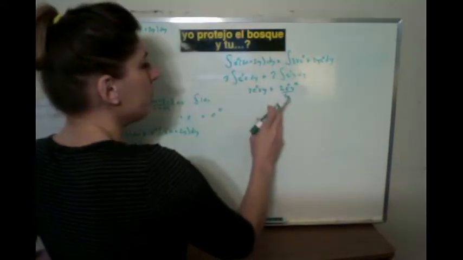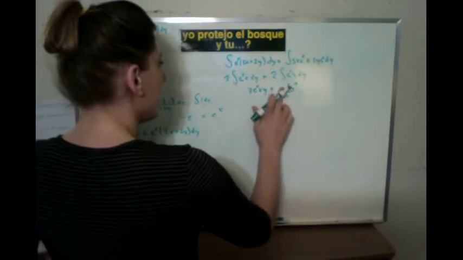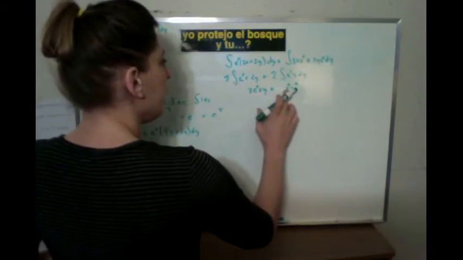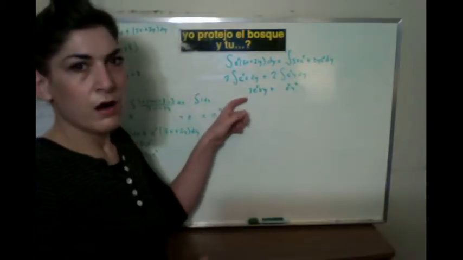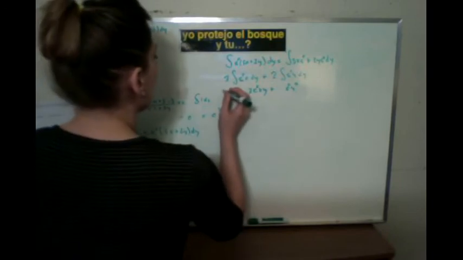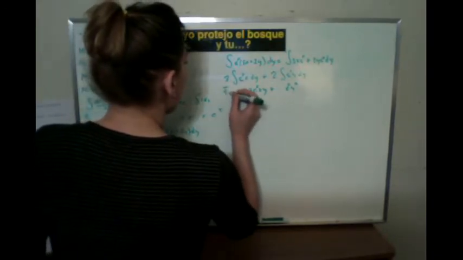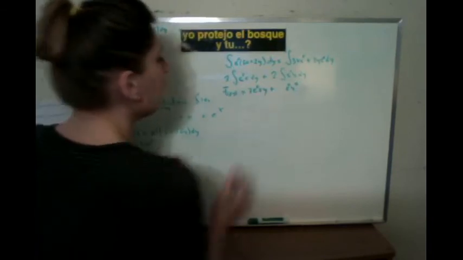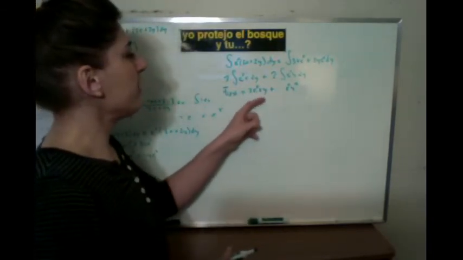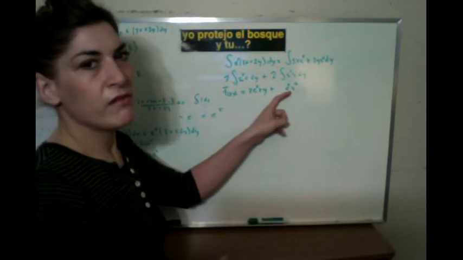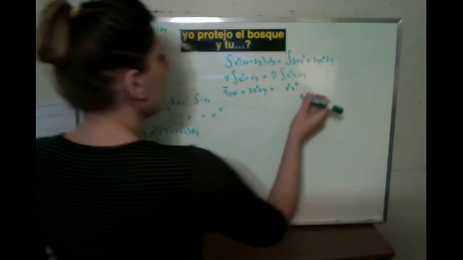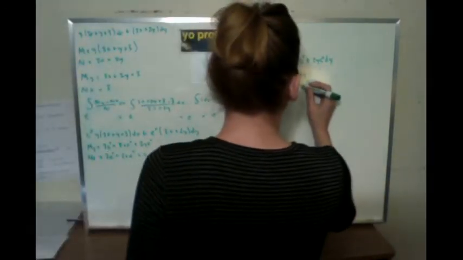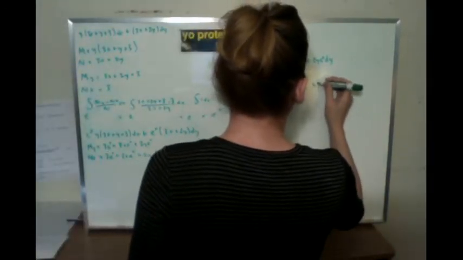And the 2's cancel, leaving e to the x times y squared. This is now our function for x and y. So we can write f(x,y) equals 3e to the x times y plus e to the x times y squared. The next thing we want to do is find the constant of integration, which we'll call h of x.